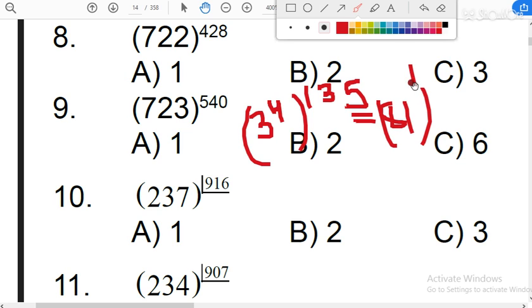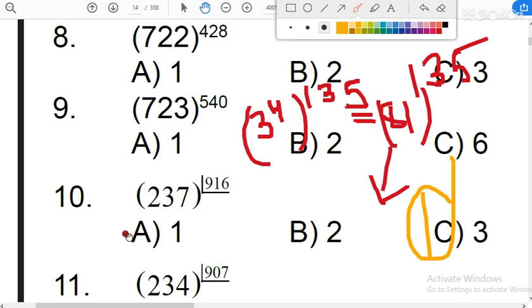Now students, if 1 is present at the unit place, with any power its unit place does not change and will remain 1. So 1 will be the answer for question number 9.